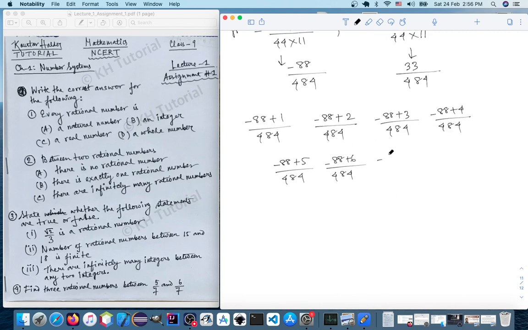So minus 88 plus 7 by 484, minus 88 plus 8 by 484, minus 88 plus 9 by 484, and finally minus 88 plus 10 by 484.